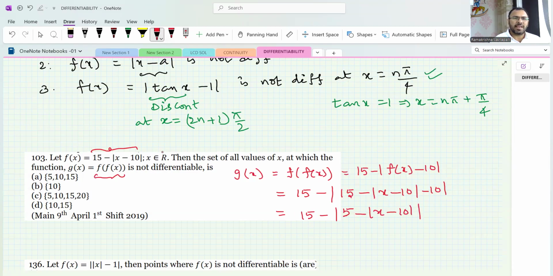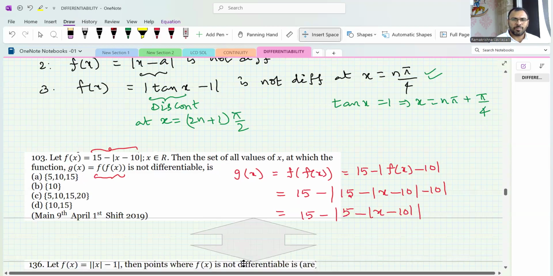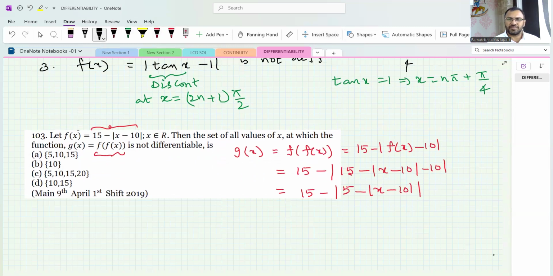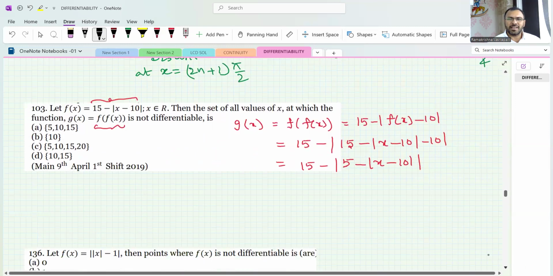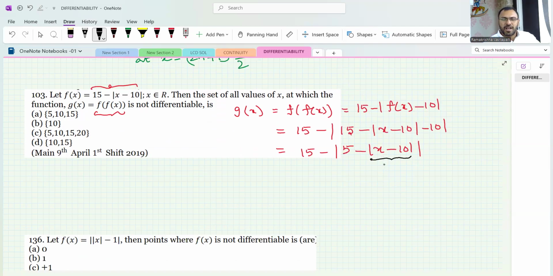Now we want to calculate the number of non-differentiable points. We don't split this modulus function at all. We just see that it is non-differentiable at the innermost modulus function, at x equal to 10. So this is one non-differentiable point.